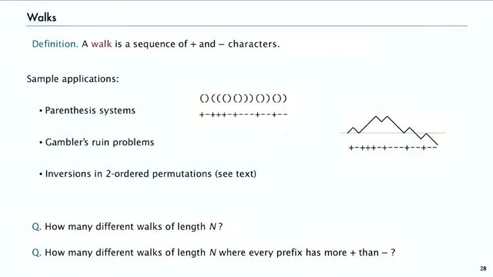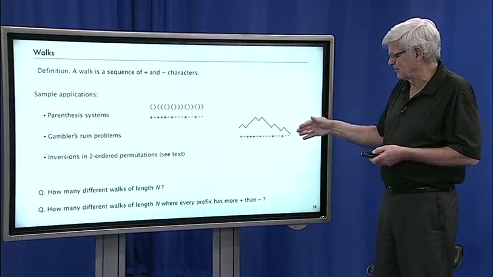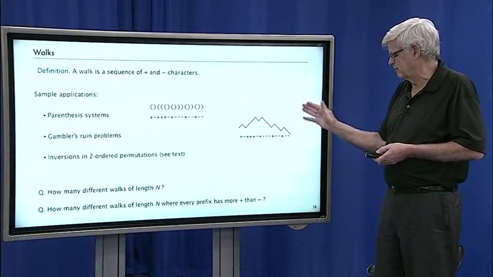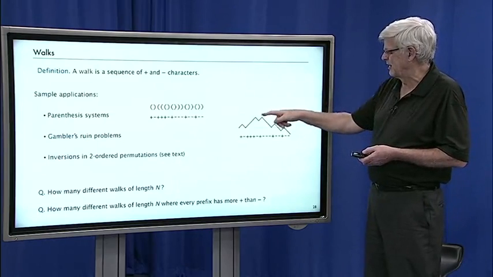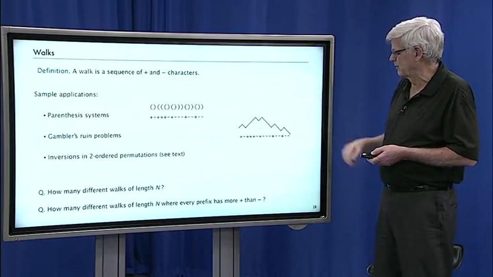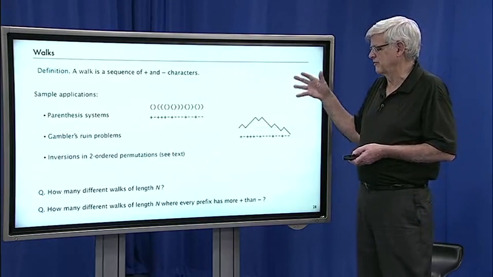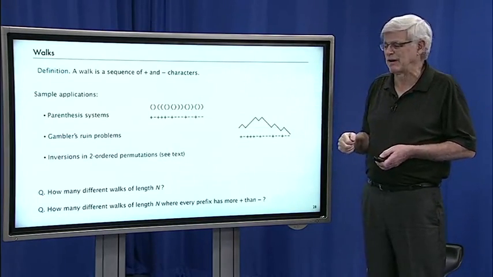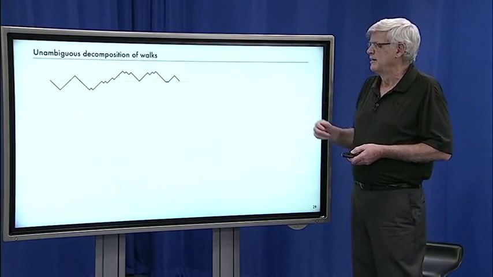Just from the idea of a sequence of plus and minus characters, all kinds of natural questions arise, like how many different walks of length n are there? Or how many different walks of length n are there where every prefix has more pluses than minuses? That is, it stays above the line because you're going plus more than you go minus always. And similar questions like that are studied in all different types of applications. It's a relatively general framework.